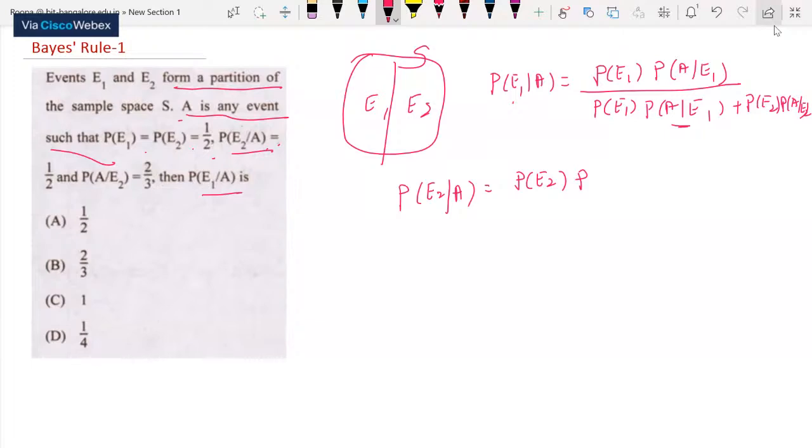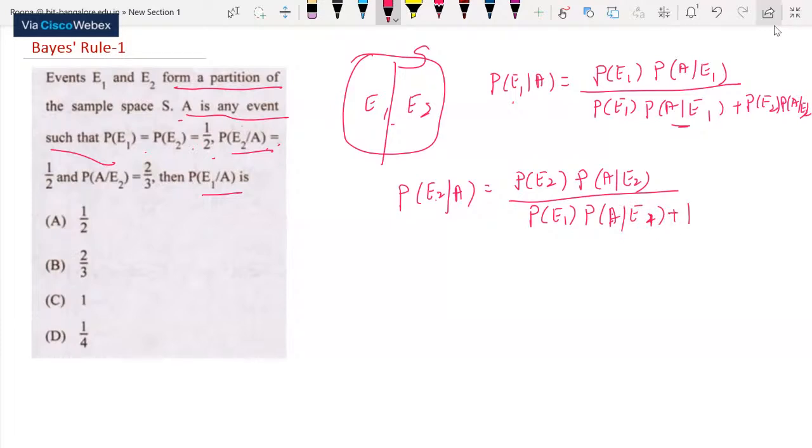How to write? You write the numerator, meaning what is before the slash, and write the reverse of this: A slash E2, divided by how many partitions they gave? 2 partitions. Like that, I write 2 partitions. Whatever you wrote in the numerator, write the same thing in the denominator, based on how many partitions there are. That's all. This is the easiest way.